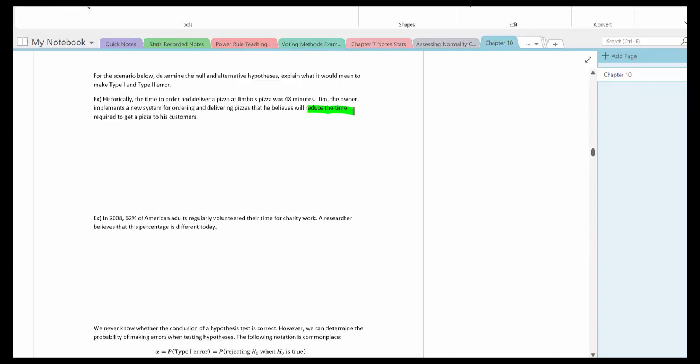Let's write out the null and the alternative hypotheses. The null would be the mean is equal to 48 minutes, and the alternative would say that it's less than 48 minutes.